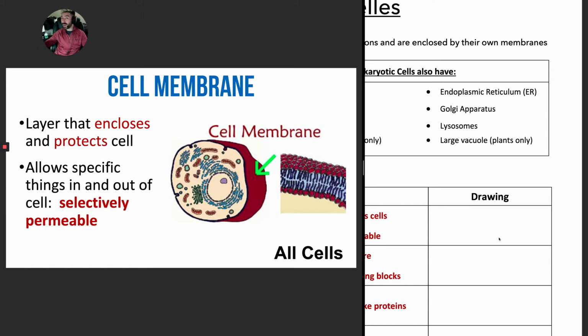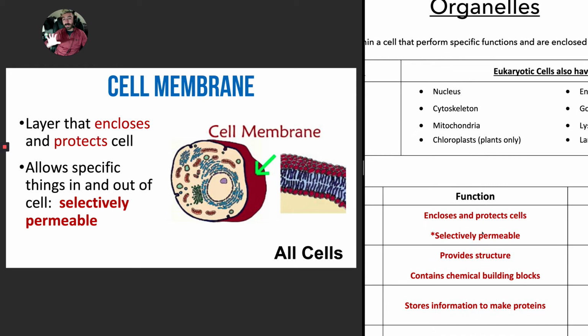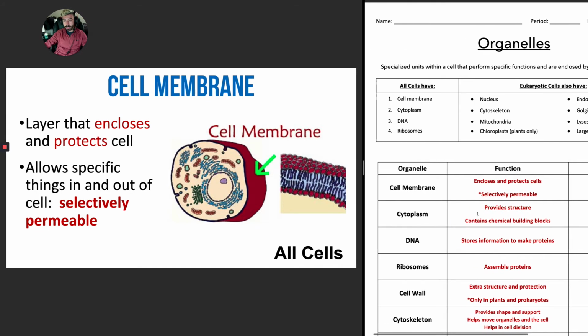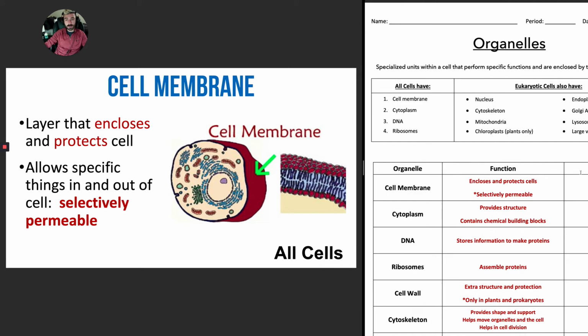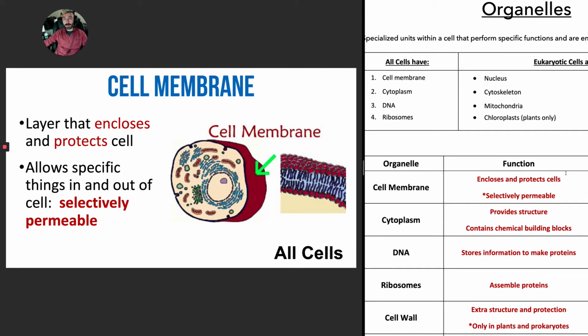You do not have to use that, but you can if you want. Sometimes it's very helpful. I'm going to focus on the function section specifically. I'm going to zoom out just a little bit, and I'm going to focus here. So hopefully that gives you a better idea of what kind of things to write. For cell membrane, it encloses and protects the cell, and it's selectively permeable.